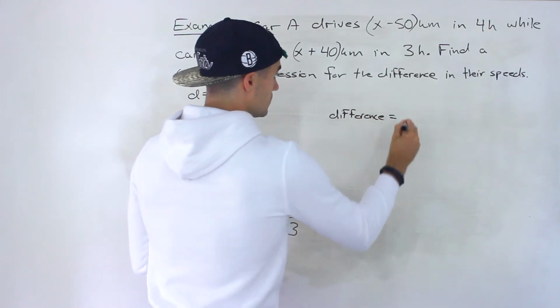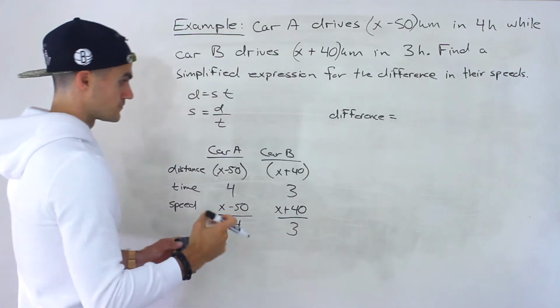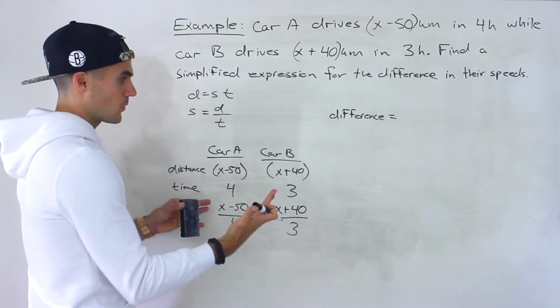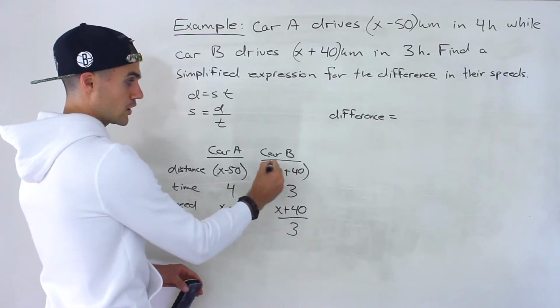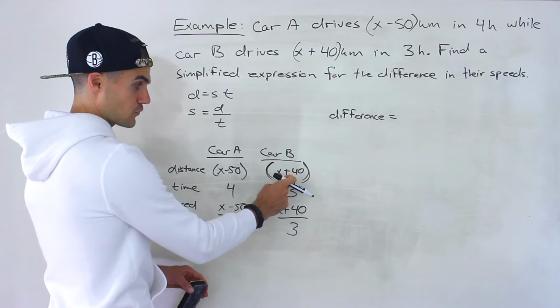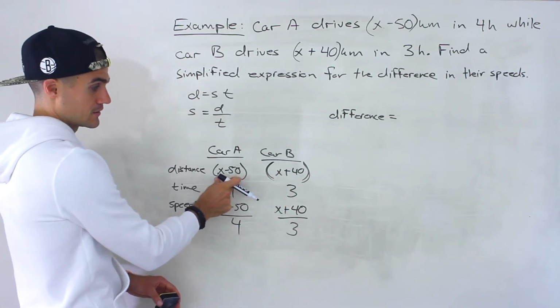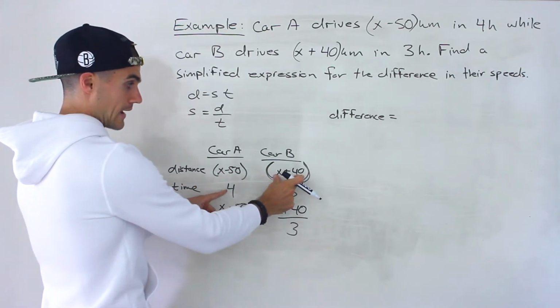So what we would do is take the larger speed and subtract the smaller speed. From these two, you could intuitively think, which car is going faster? Well, car B is going faster. They're covering a greater distance. x plus 40 is a greater distance than x minus 50, right? The x is the same. We're subtracting 50 here, and we're adding 40 here.